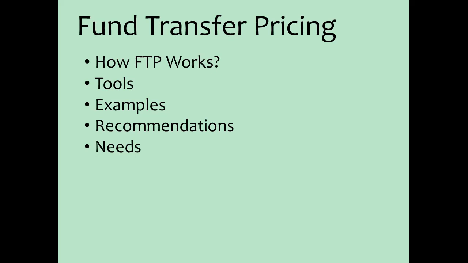Principle 3 is that a firm should have a robust governance structure for FTP, including the production of a report on FTP and oversight from a senior management group and central management functions. Principle 4 is that a firm should align business incentives with risk management and strategic objectives by incorporating FTP costs and benefits into product pricing, business metrics, and new product approvals.